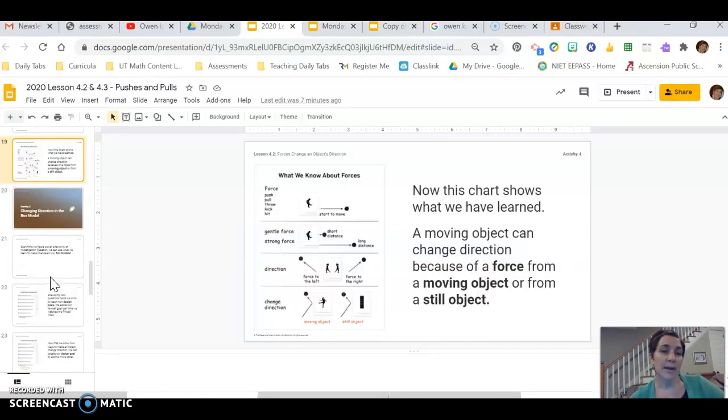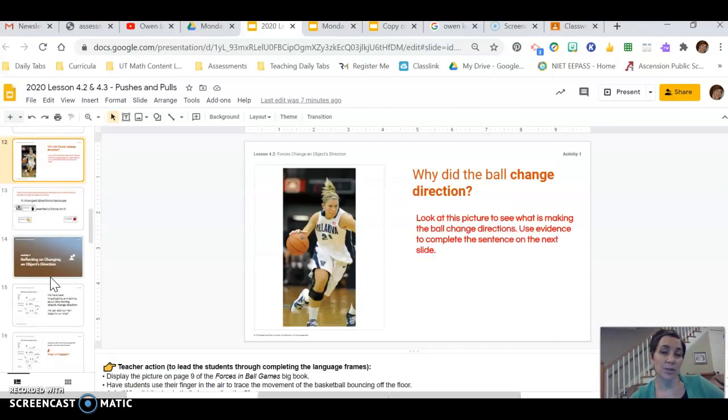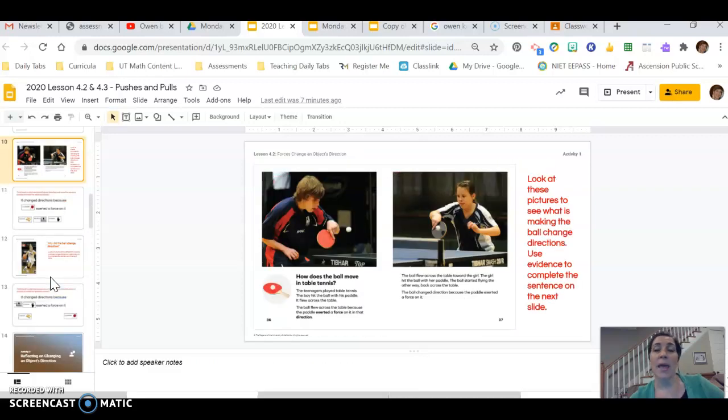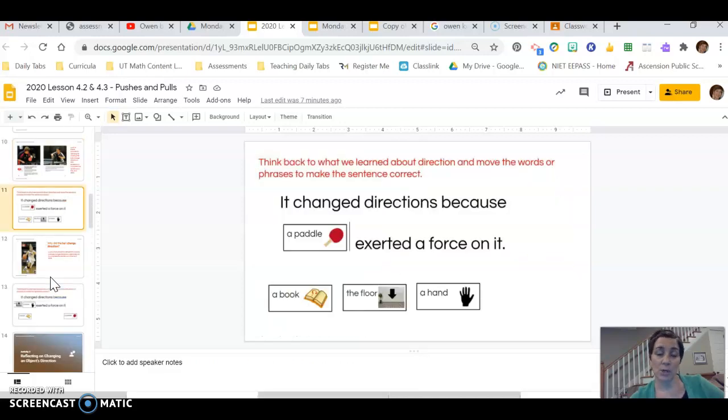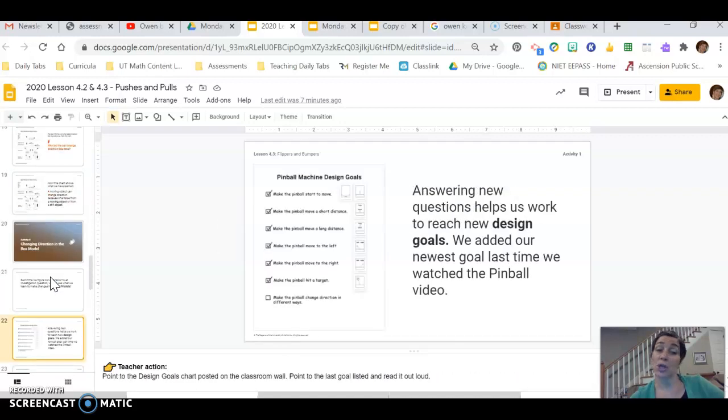So we could look at our chart and you could look at the girl or the wall. Or I want you to come back up here and look at our pictures. So the ball hits her hand, and the ball hits the floor, and the ball hits the paddle. So I want you to think about how an object changes directions, and I want you to talk about it.